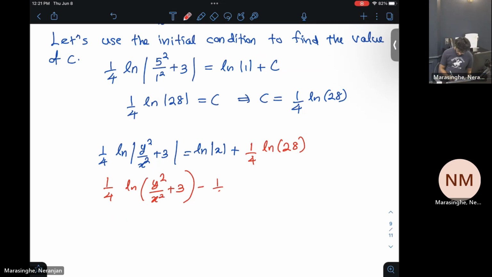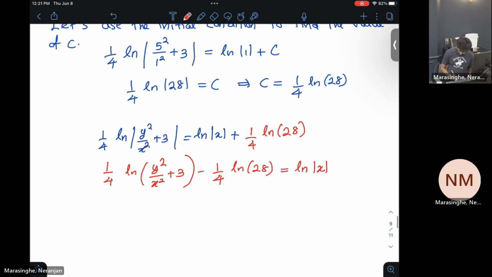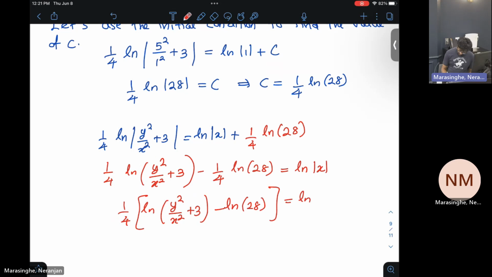Minus 1/4 natural logarithm of 28 is equal to natural logarithm of x. If I take 1/4 out, I have y square divided by x square plus 3 minus natural logarithm of 28 is equal to natural logarithm of x.